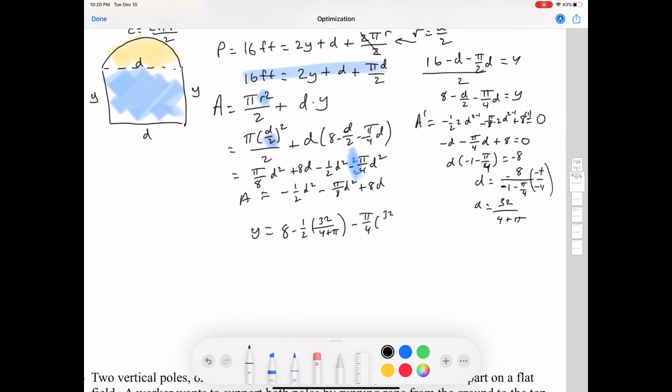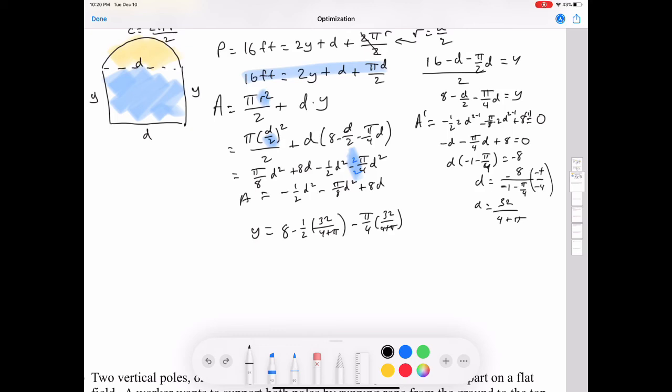And that's 32 over 4 plus pi is equal to y, right? We can multiply that out, but as you can see here, we have some common denominators that we need to mix.